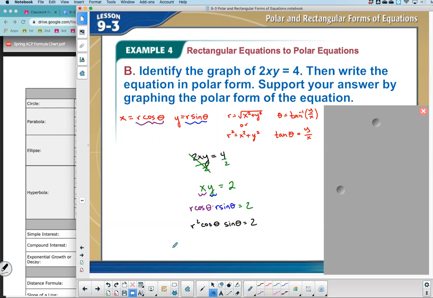We'll try to isolate the r. So right now, r squared is multiplying times cosine and sine. What's the opposite operation of multiplication? Division. So what we will do here is divide by cosine sine, which we don't see very often.